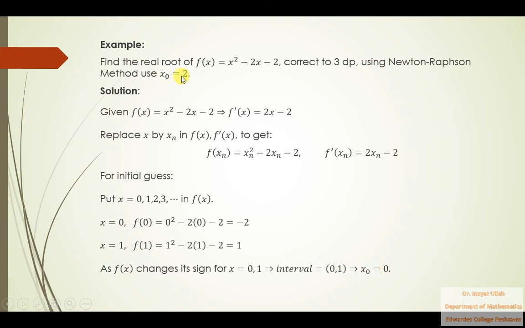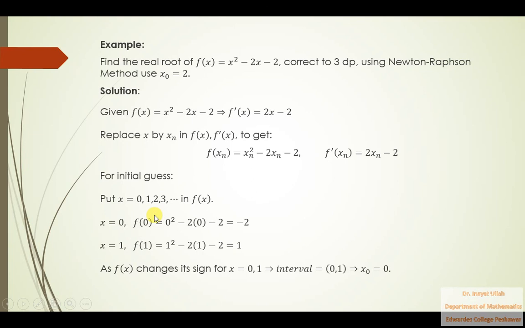So this x naught is actually 0, not 2. Correct this. For example, if it is given to you that x naught is equal to 0, there is no need to perform these steps, because we are in search of x naught, and that is already given to you. This x naught equal to 2 is wrong, so correct this 2: x naught is equal to 0.